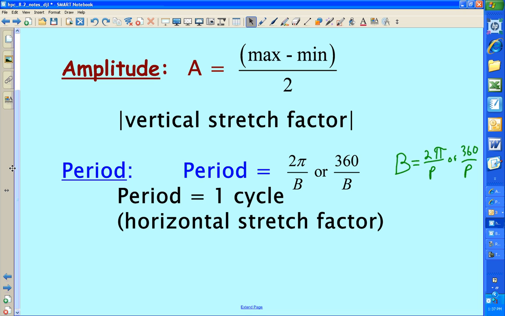So we're just going to switch the period with B. B is going to equal 2 pi over the period, or 360 over the period. So this is for graphing, and this is for writing the function. Which one do you need? You'll know the period if you have the graph. So 2 pi divided by the period will give you B, or 360 divided by the period will give you B.